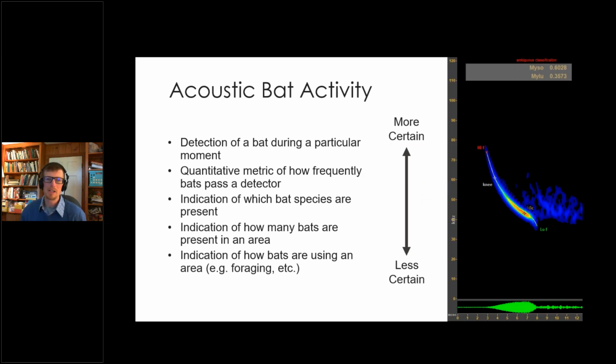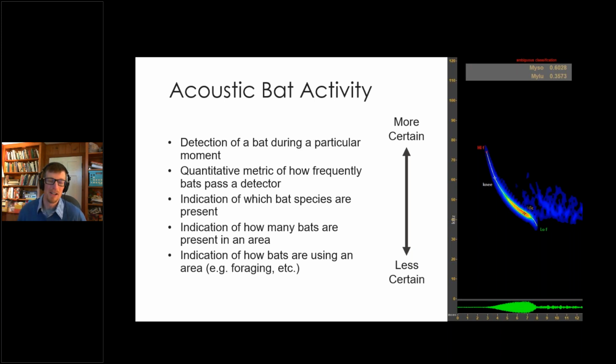In its simplest terms, acoustic bat activity is the detection of a bat during a particular moment within the range of that detector. Echolocation is phenomenally good for bats to see the world around them, but it doesn't travel very far.